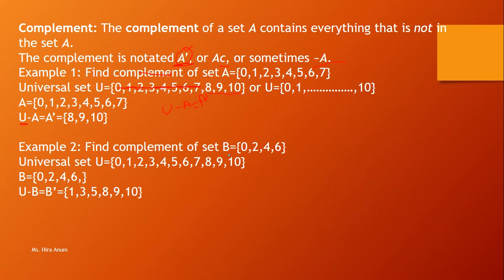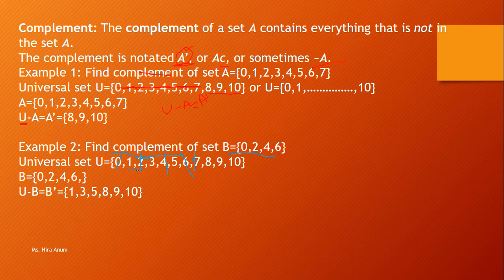Find the complement of B. B is 0, 2, 4, 6. You have to see the universal set. You have to find the complement, meaning U minus B. Then you see the universal set has 0 to 10. So you have to cut these numbers which belong to B. 0 will be cut, 2 will be cut, 4 will be cut, 6 will be cut.